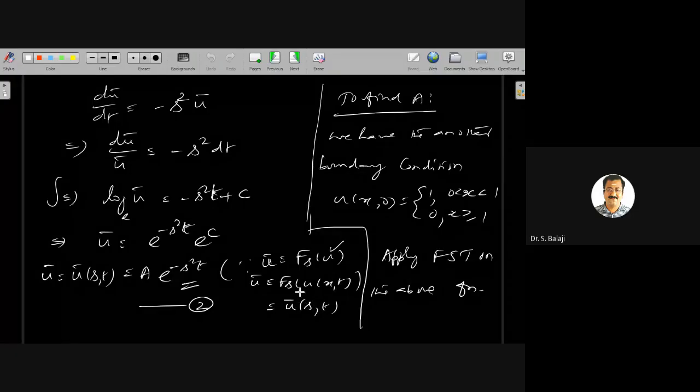Therefore, it is written as u bar of s comma t. I will take this e power c as A, so u bar equals A e power minus s square t. Here the variables are s and t. Now you have to identify the value of A. To find A, next.